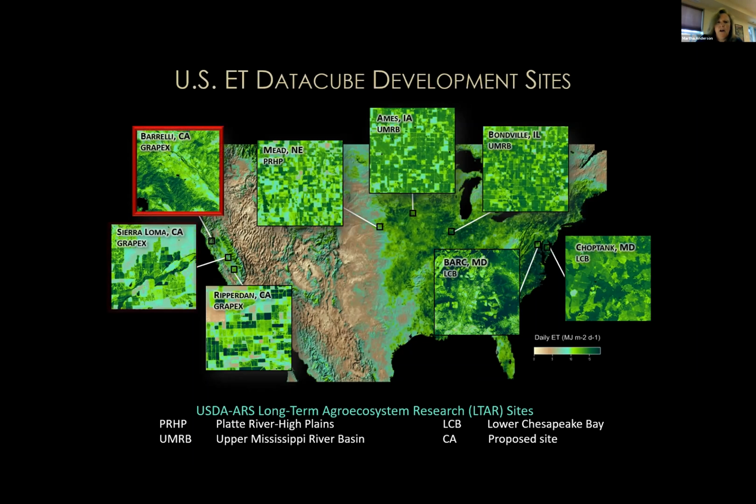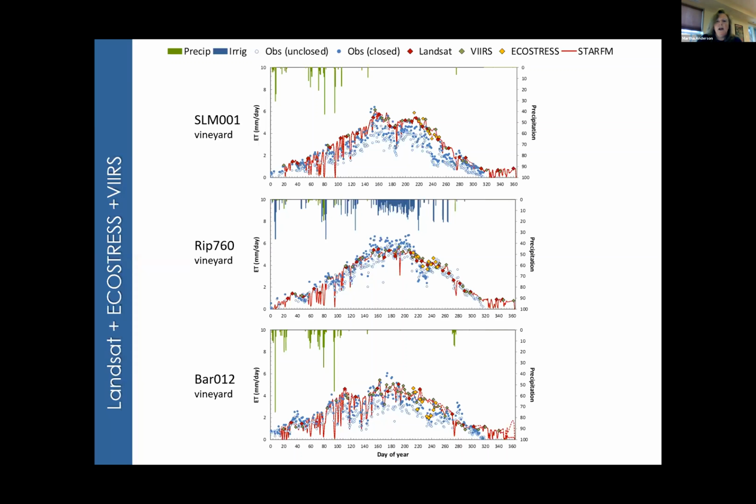I'm going to be focusing on our 3 study sites in California that support the GrapeX field experiment. And these are some examples of time series extractions from the multiple data sources over the flux sites in each of these domains. So here, this is from 2018. The blue circles are the daily ET from the eddy covariance towers.